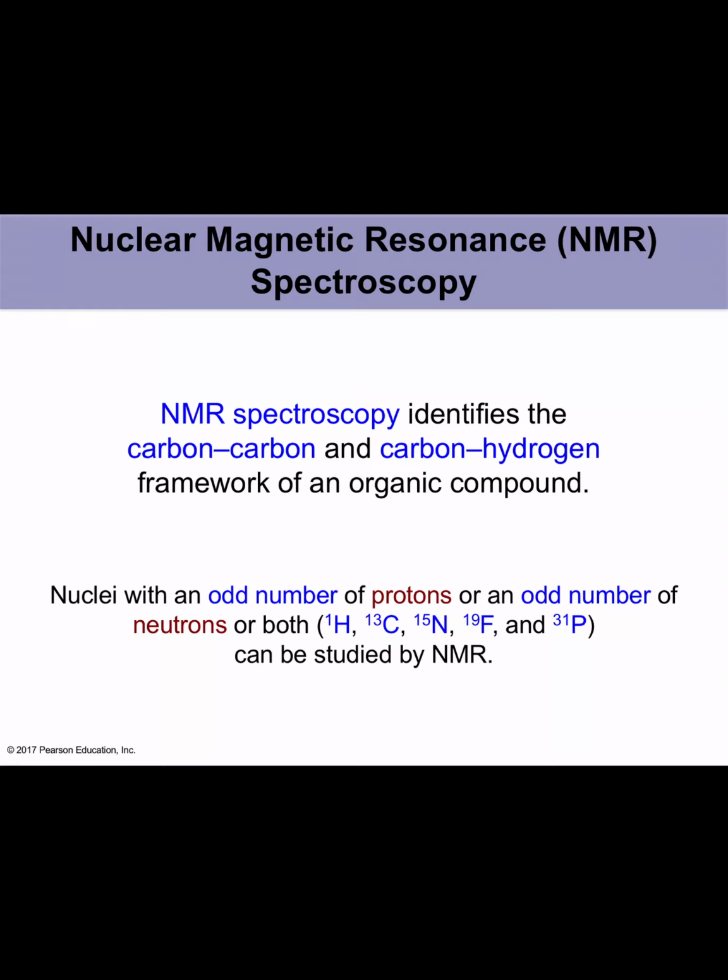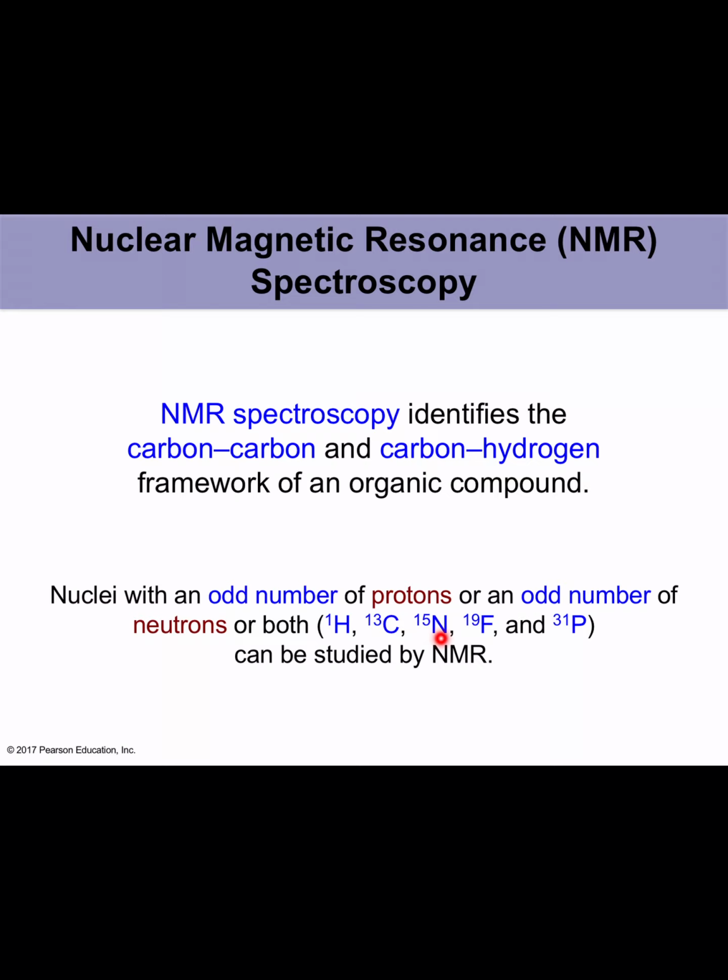Normally, we can get an NMR spectrum with nuclei with an odd number of protons or an odd number of neutrons, or if you have both. Now hydrogen 1 we consider as a proton, okay, and carbon 13 has how many protons? Carbon has 6, and how many neutrons? In this one, 7, so it's an odd number of neutrons.